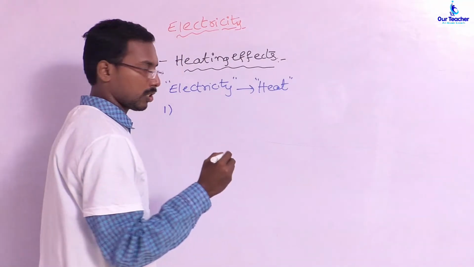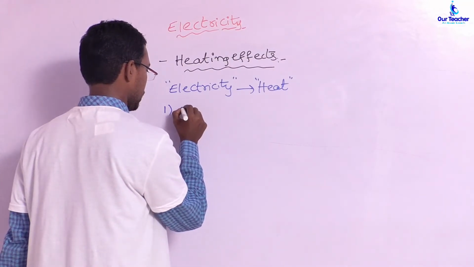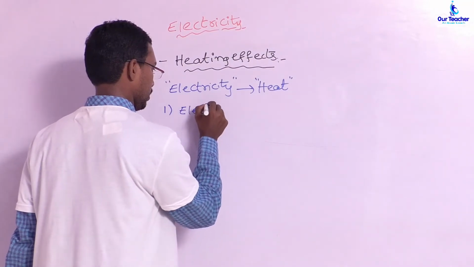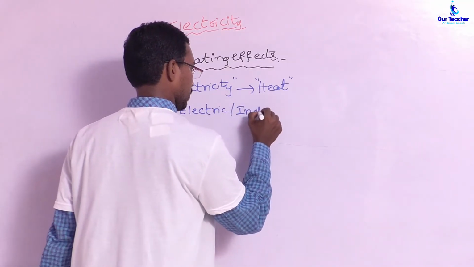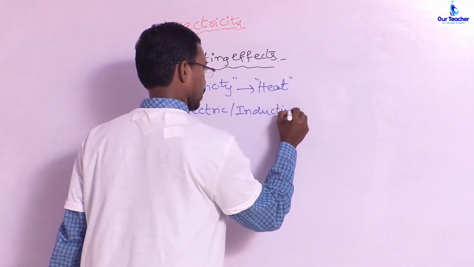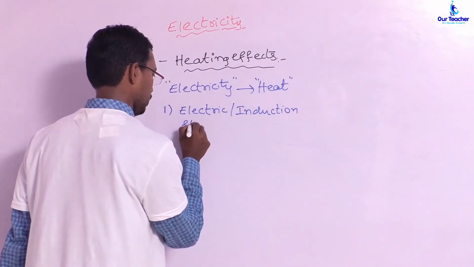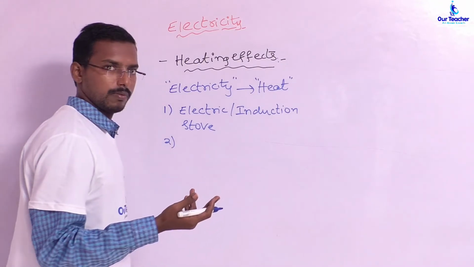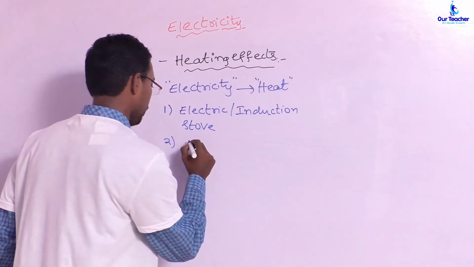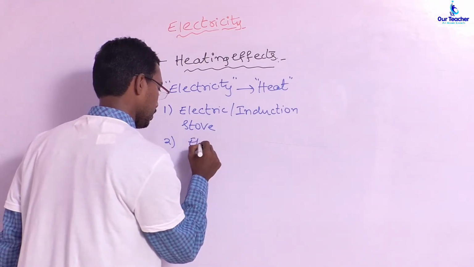First one is electric stove or induction stove. Okay. And the next one, we know this one we use daily, the electric iron box.